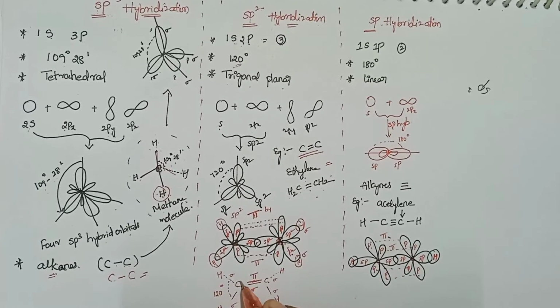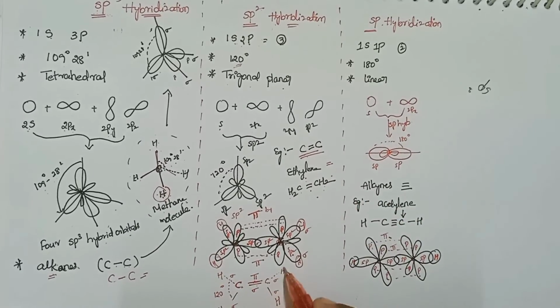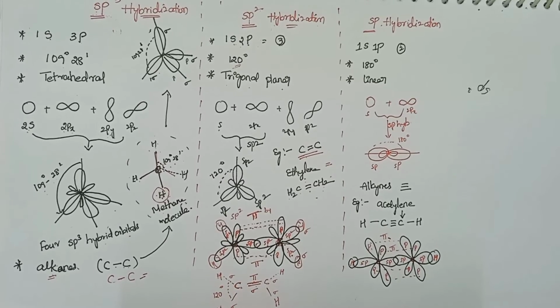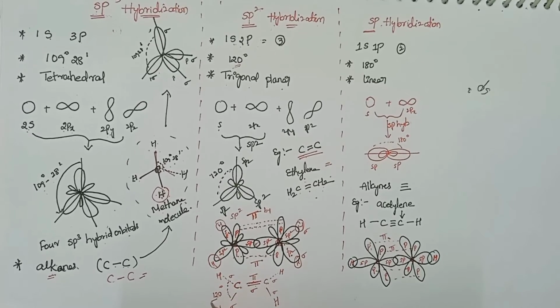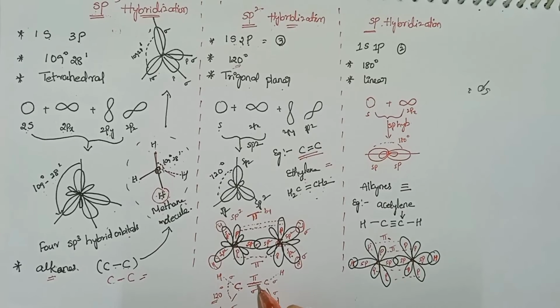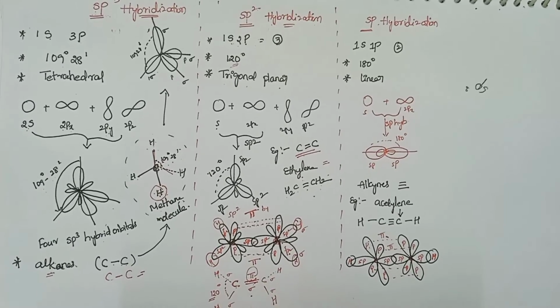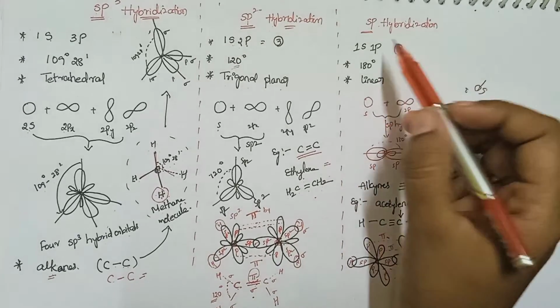Finally, C double bond C with 2 H on each carbon, bond angle 120 degrees. Of these two bonds, one is a pi bond, the newly formed bond, and one is a sigma bond.